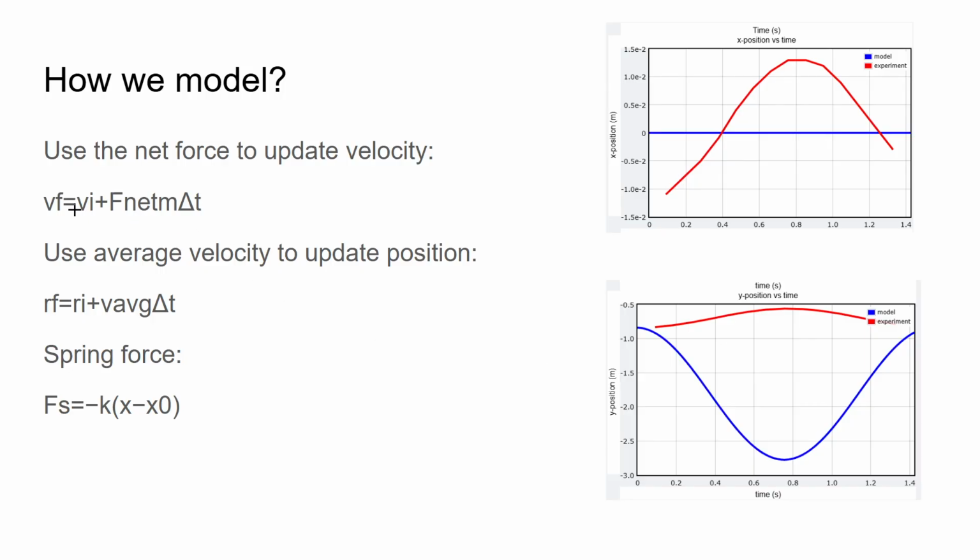So the formula for V final is V initial plus F net divided by m times delta T, and using the average velocity, V average, update the position: R final equals R initial plus V average times delta T. And the spring force is negative k times (L minus L naught) times L hat.